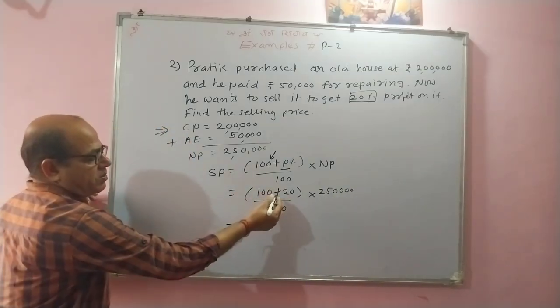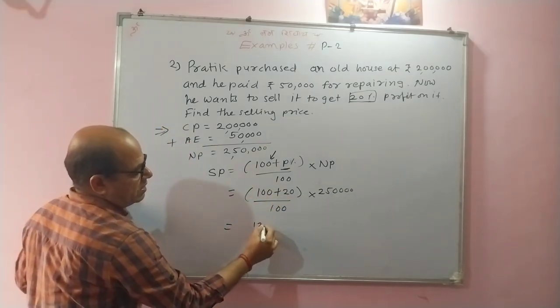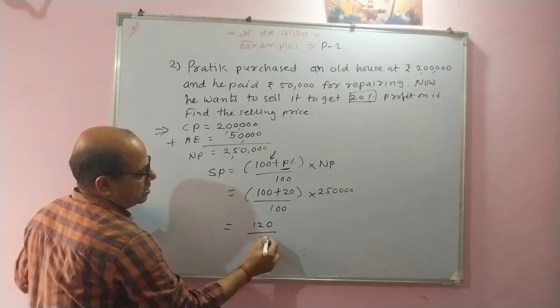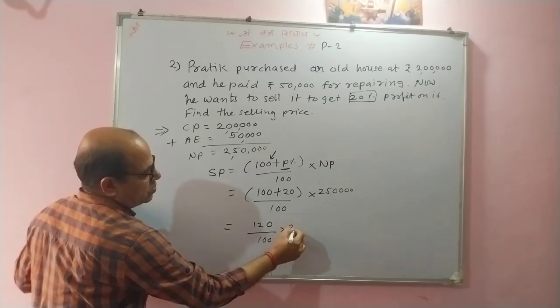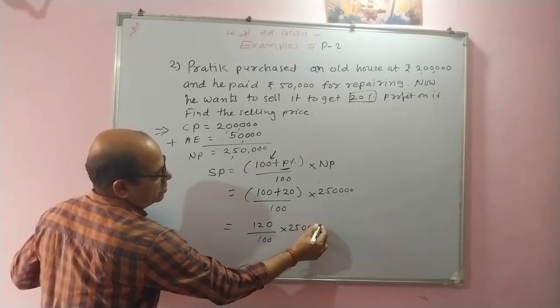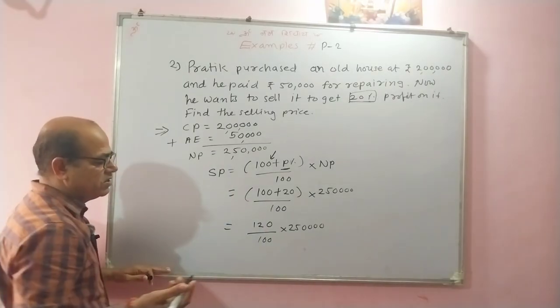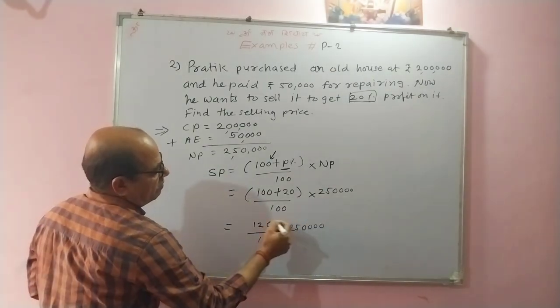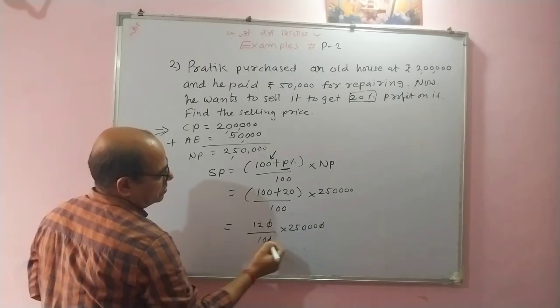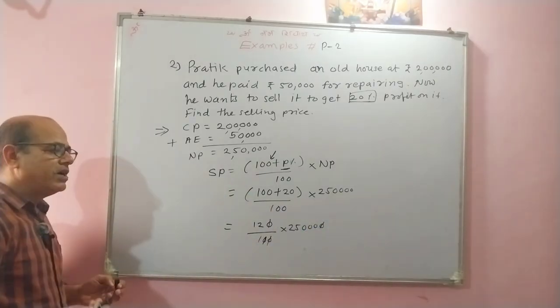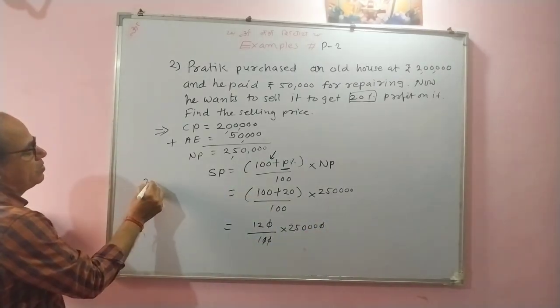Now 100 plus 20 means 120 upon 100 into 2,50,000. Now just cancel the zeros. Now multiply 25 into 12.